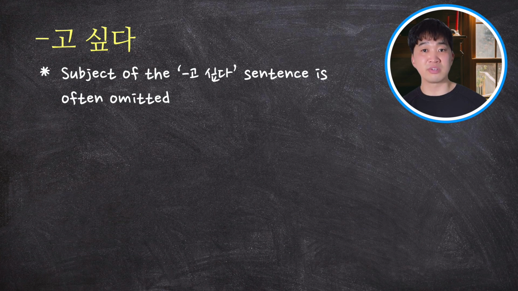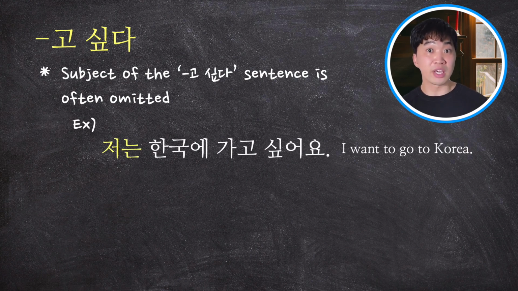And you know, in the Korean sentence, the subject could be omitted very often. If the listener knows or guesses what the subject is, the speaker omits the subject very often. When we say 고 싶다, the subject is very clear, the speaker. Okay? So if the subject is omitted, we can guess the subject is the speaker. 저는 한국에 가고 싶어요.